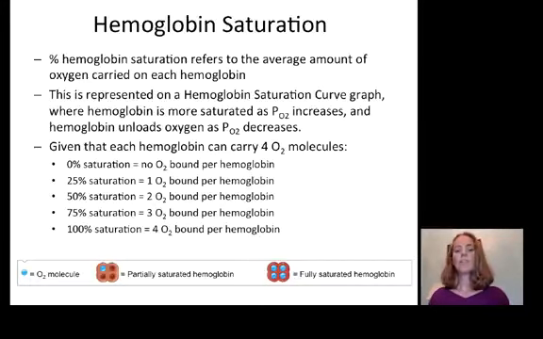So we're going to measure how much oxygen is bound to hemoglobin, knowing that hemoglobin has 4 subunits. So if all 4 subunits of hemoglobin are full, then we have 100% saturation. If 3 out of 4, it's 75%. 2 out of 4, 50%. 1 out of 4, 25%. 0 out of 4, 0% saturation.